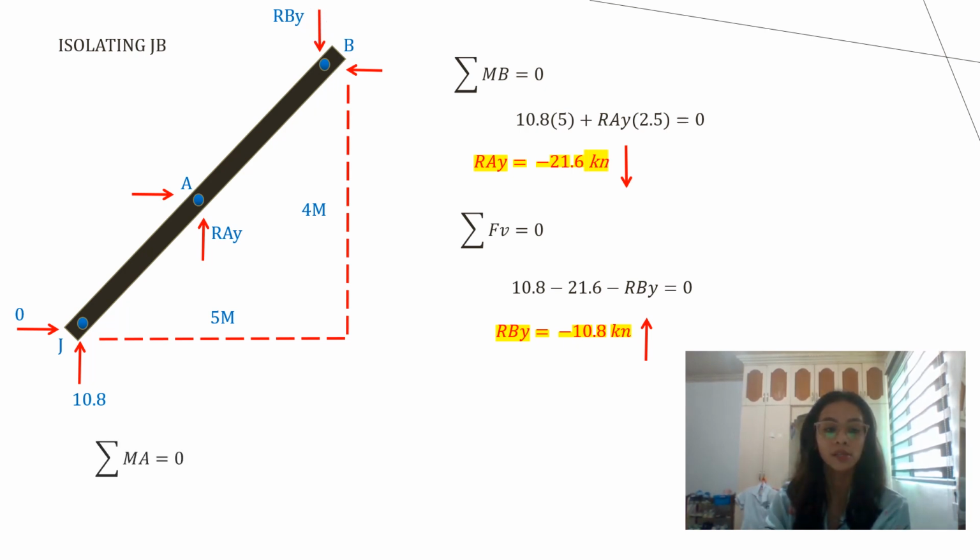So our next step is to take the moment at A to get the RAX and RBX.